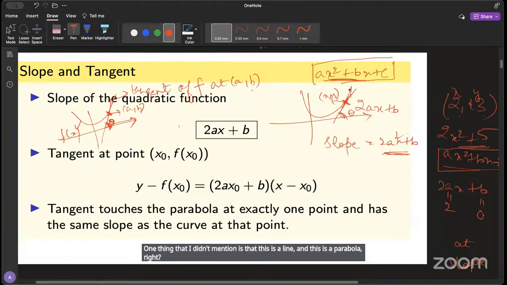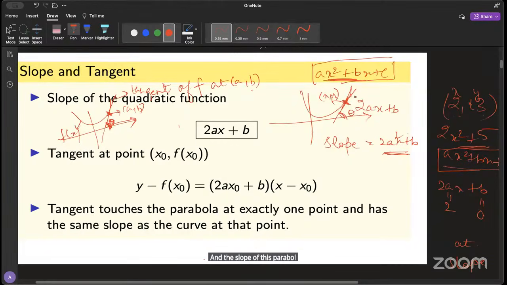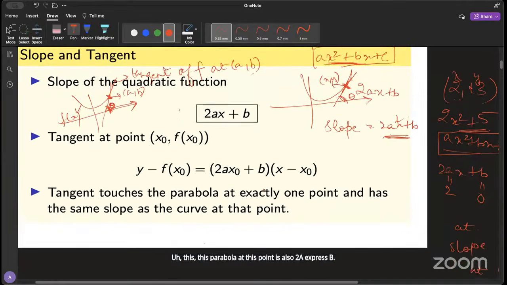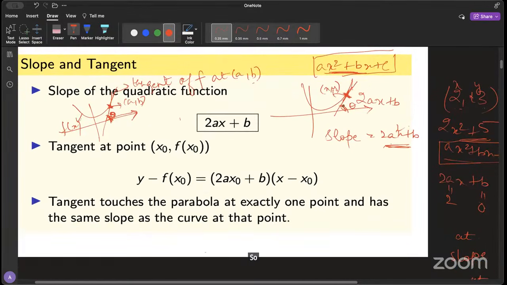And the slope of this parabola at this point and the slope of this line at this point is the same. Is that okay? So that means the slope of this line at this point is 2ax plus b, and the slope of this parabola at this point is also 2ax plus b. So if you have to find the equation of this line, this is the tangent line.